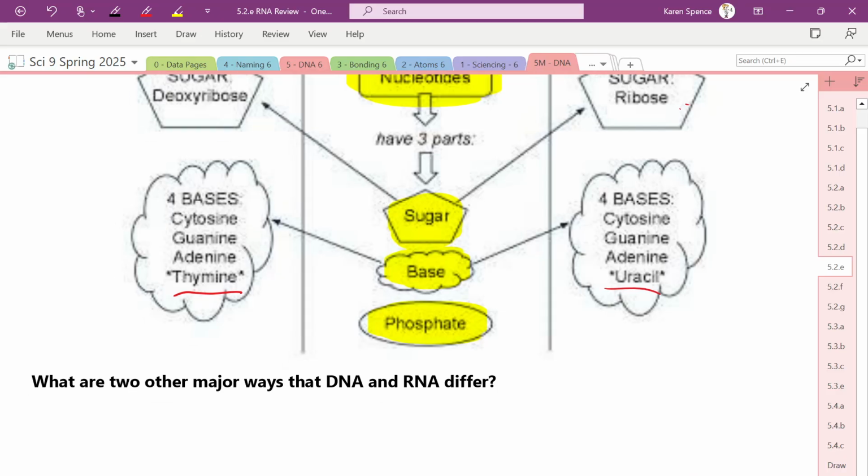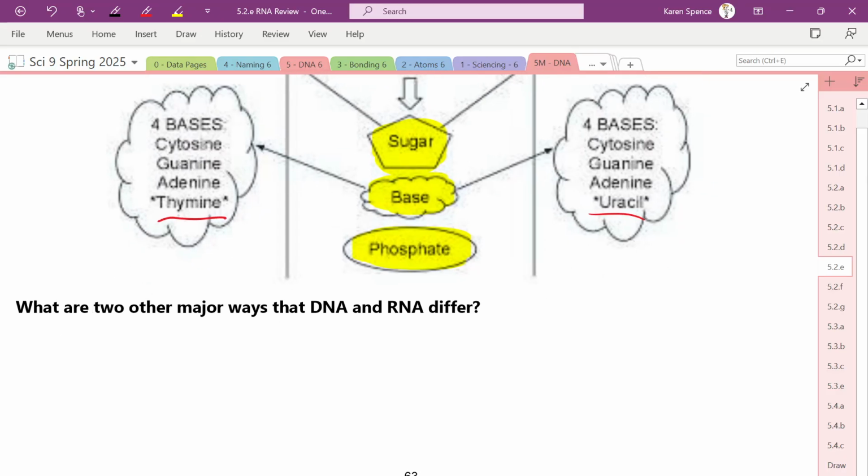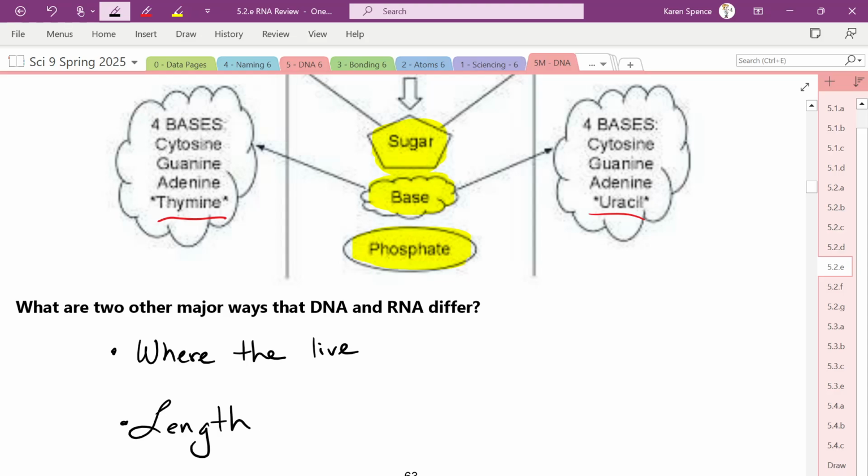What are 2 other ways DNA and RNA differ? Where they live and their length. Where does DNA live?